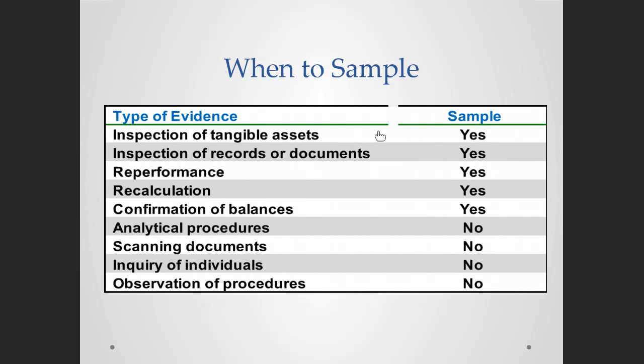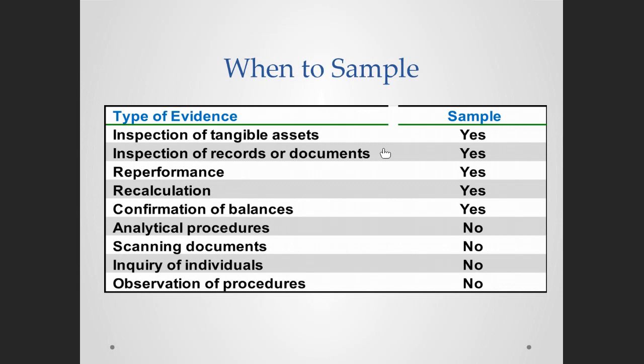But with inspection of tangible assets, you cannot do all of them, so you have to take a sample. If you don't understand any one of these, you can stop me and I will explain to you. The details will come later, right? We're just trying to get an introduction to these procedures.